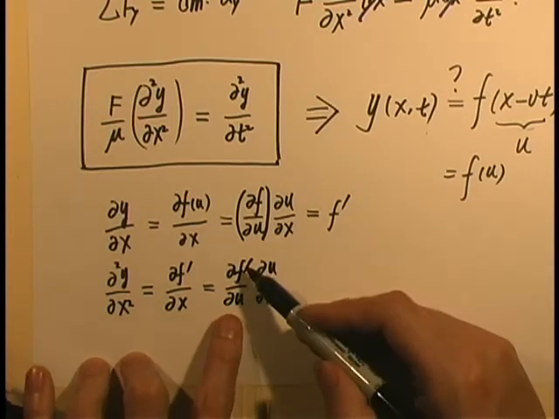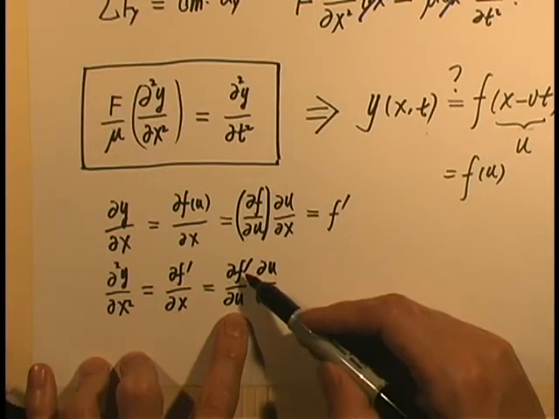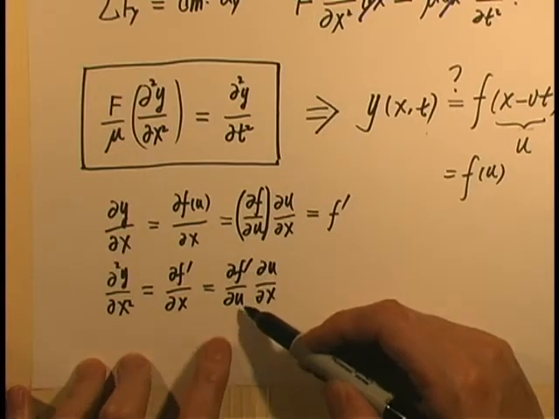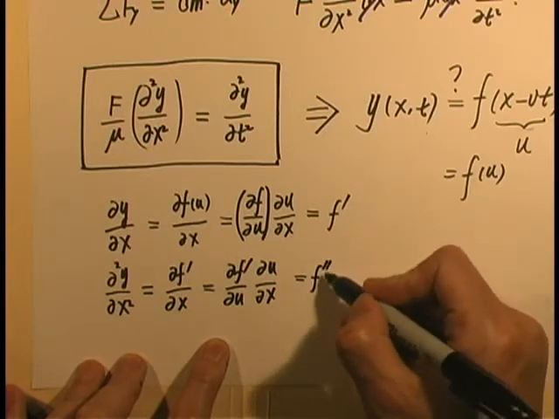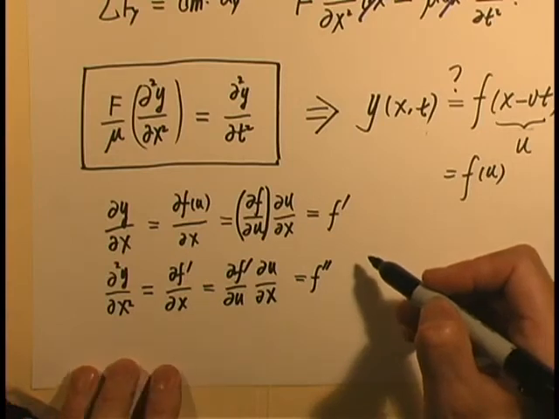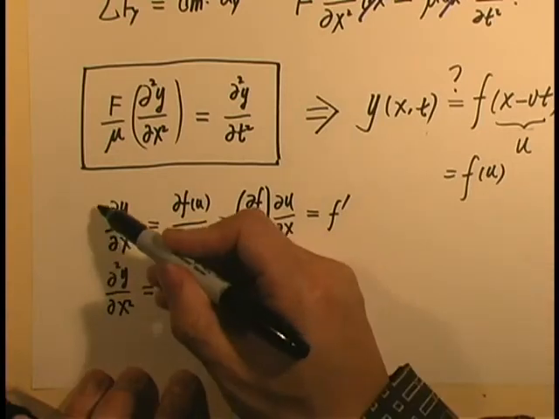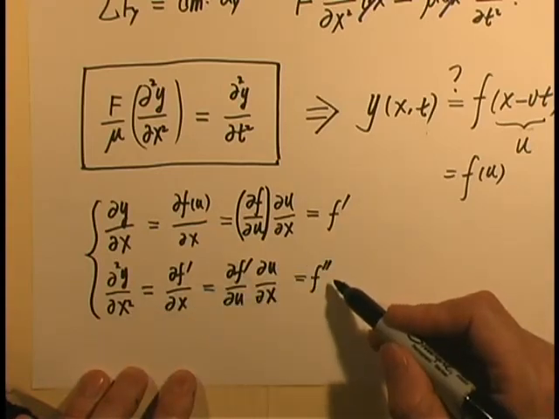This actually is a normal derivative, because f prime depends on u only. So you take the derivative of the derivative, that's f double prime, the second derivative of f with respect to u. What's partial u, partial x? Again, that's 1. So we found the second derivative with respect to x. It's just f double prime.